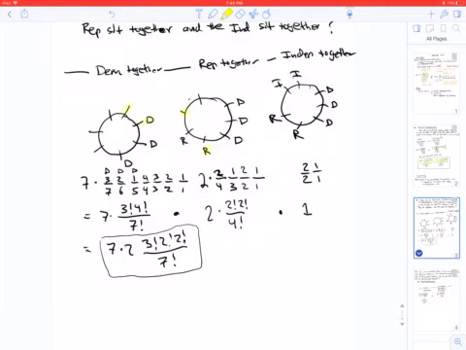So the chance of that using my slot method is 3 over 7, 2 over 6, 1 over 5, and so on. Now, there are 7 positions for my first Democrat, so I can just slide those 3 Democrats around the table. So I have to multiply this by 7.